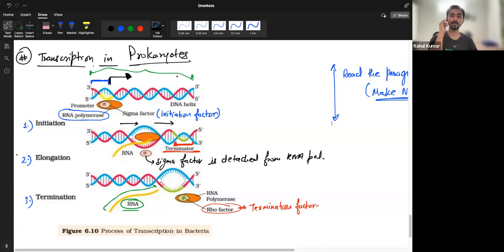In prokaryotes, there is only one type of RNA polymerase, which simply works. In eukaryotes, there are 3 RNA polymerases that you have to study. So which RNA polymerase transcribes what is the first complexity.